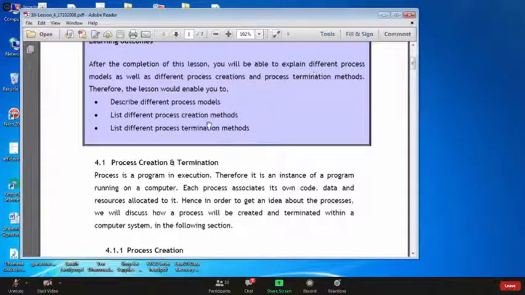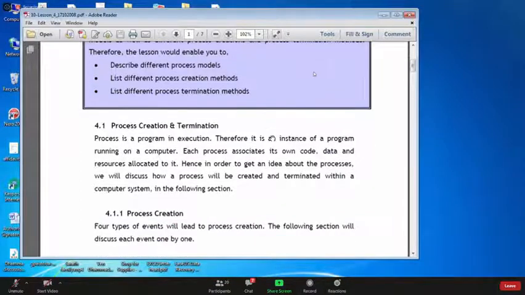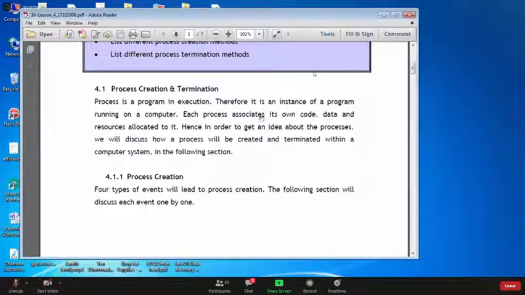So what will happen if you create and not terminate? They will remain forever eating up memory and other resources. So whenever we finish something, we have to terminate it. So first we will see these things. Now process creation and termination is very important for operating systems.